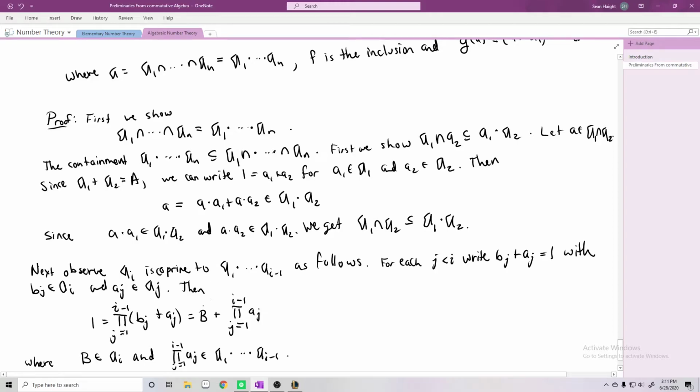So what is the conclusion from expanding out this product? I see that 1 can be written as an element here plus an element here. So thus 1 is in a sub i plus this product a sub 1 through a sub i minus 1, and this immediately implies that these two ideals are coprime.